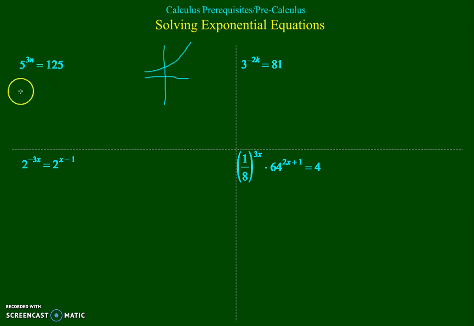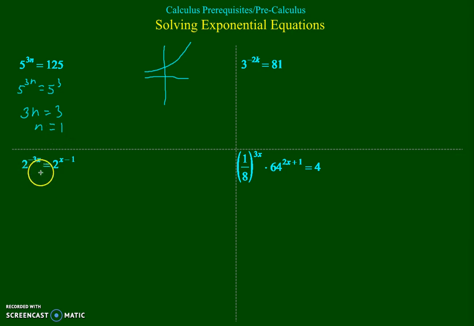As it turns out, that's 5 to the 3rd. So this is 5 to the 3n equals 5 to the 3rd. Now we can use the one-to-one property of exponentials, and this simply becomes the exponents are equal to each other. 3n equals 3, n equals 1.